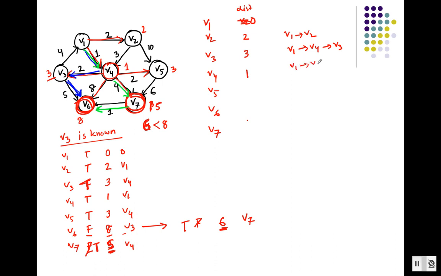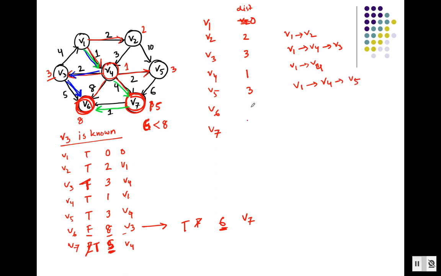For v5 the distance is 3, and I get to v5 from v4, and v4 from v1, so v1 to v4 to v5.